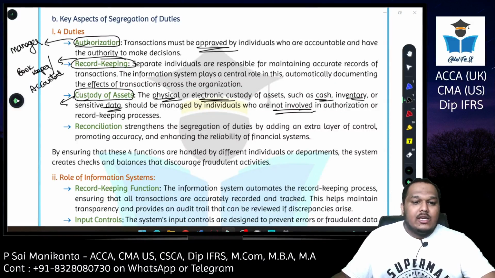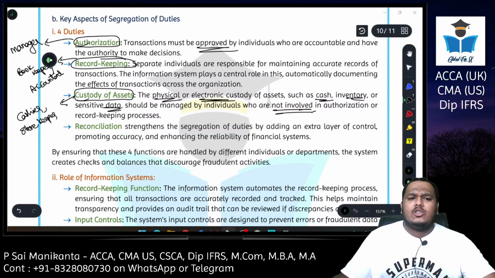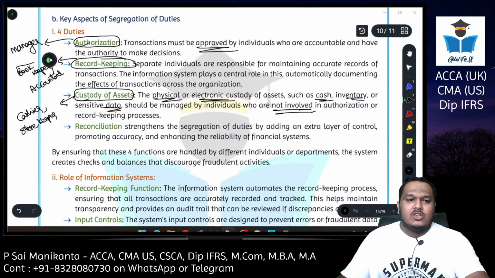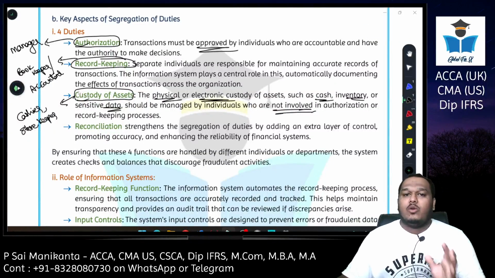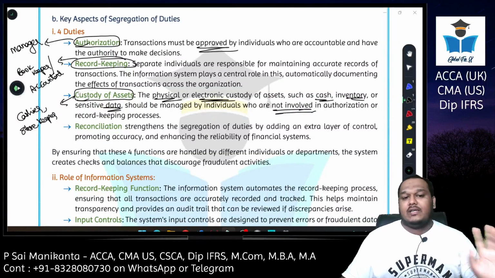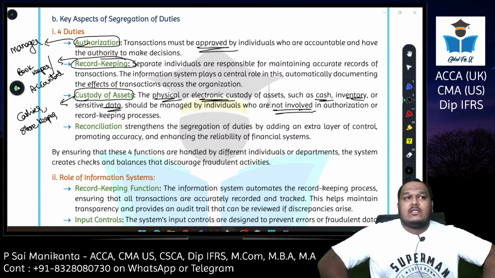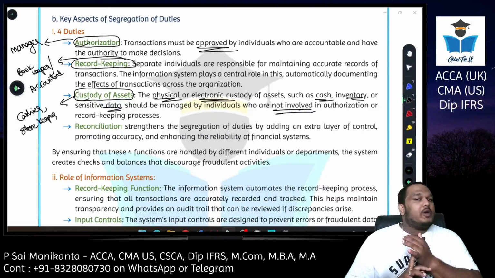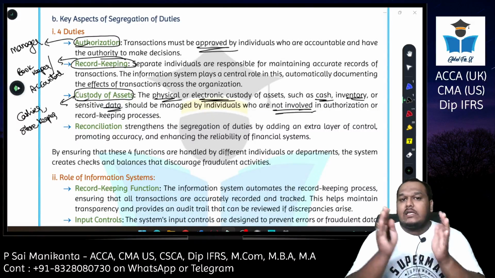Basically your cashier or, I can say, storekeeper. You can give any designation to that person: inventory manager, inventory controller, whatever name you give. Basically the storekeeper who maintains the physical inventory. This person should not have access to the computers or the accounting software. They should not be able to pass journal entries. They should only have physical custody of the assets.